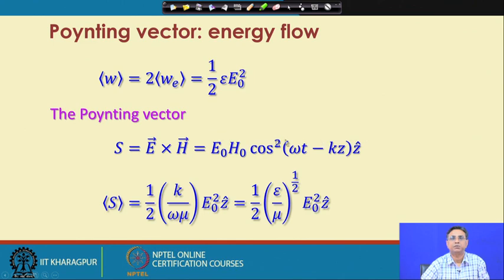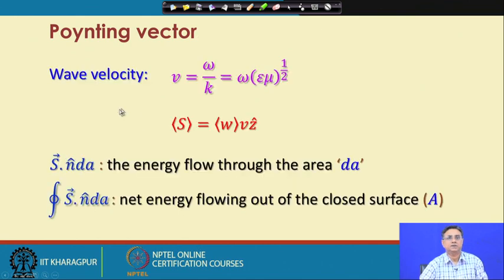Since if you take the mod, this z cap is not required. In that case the average value of the Poynting vector S will be equal to half of k by omega mu and E 0 square, that will give you this value. So, we could show that the flow of energy which is given by the Poynting vector is equal to this. So, these two are the same equation.